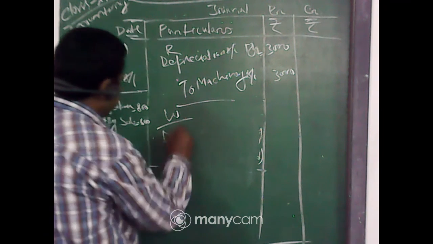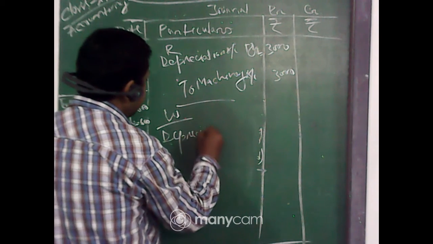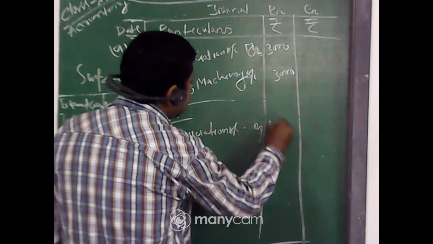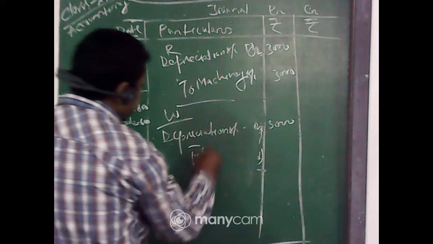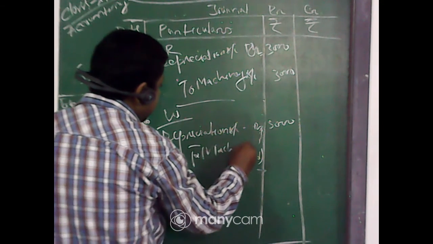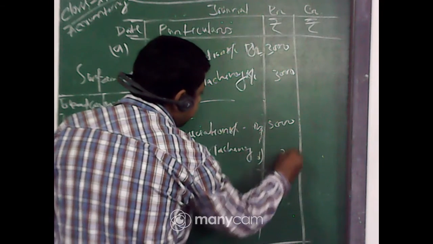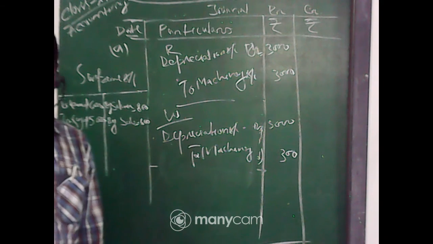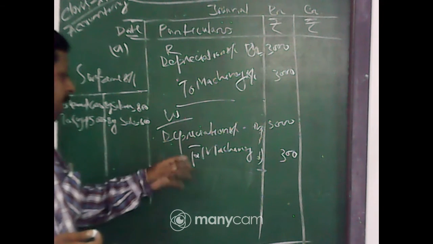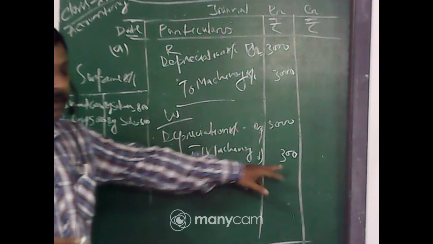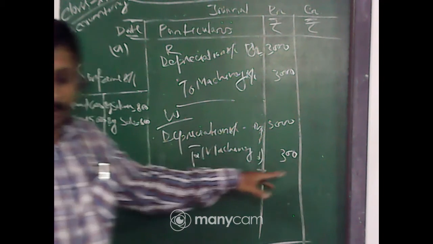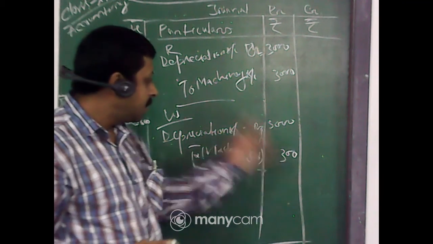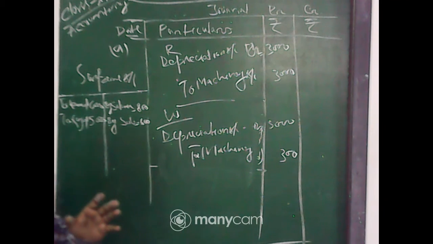They actually charged depreciation account debit 3000, but when writing the machinery they wrote 300 instead of 3000. The accountant made a mistake when posting in the journal: there is 3000 but they wrote 300, so a 2700 rupees mistake has happened, which you have to take into account.